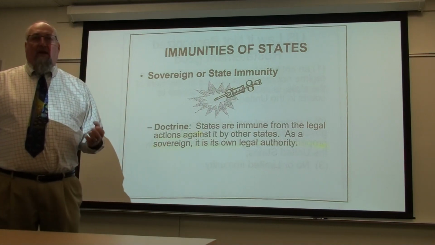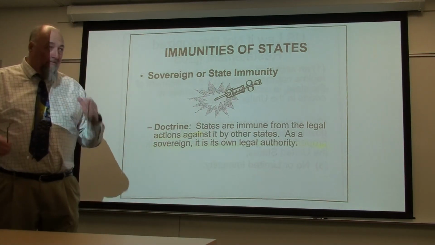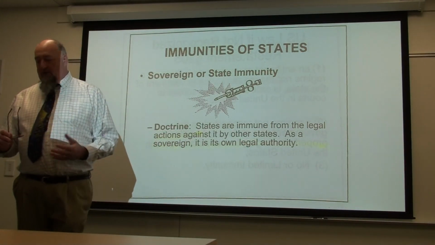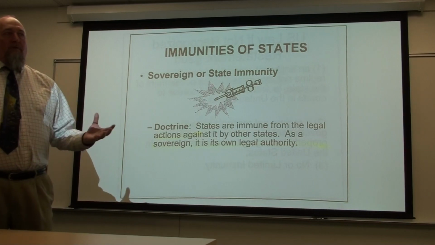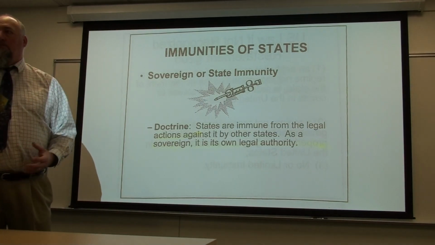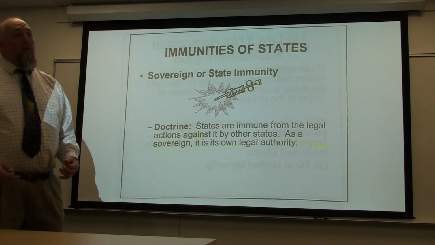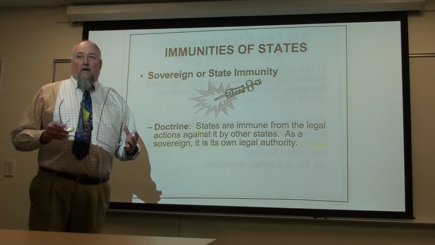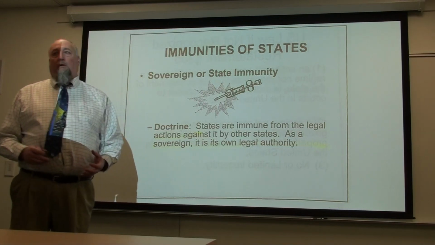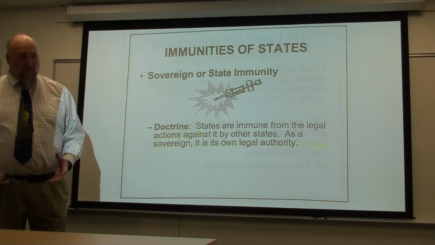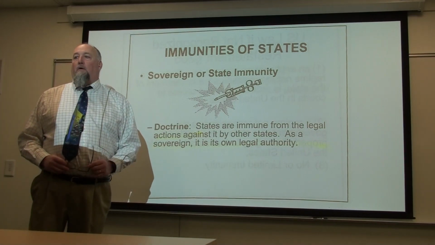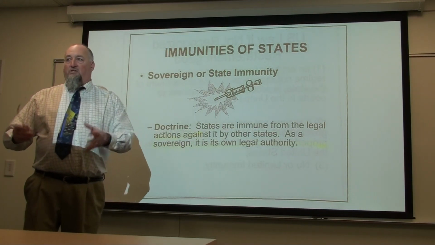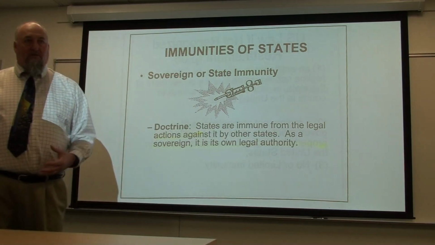This is the idea that as a sovereign country, one of the definitions of being a sovereign is no other country has power over you, within your territory at least. And as part of that, from a customary international law standpoint, and also from a practical de facto standpoint, you are immune as a country from being sued in the courts of other countries.